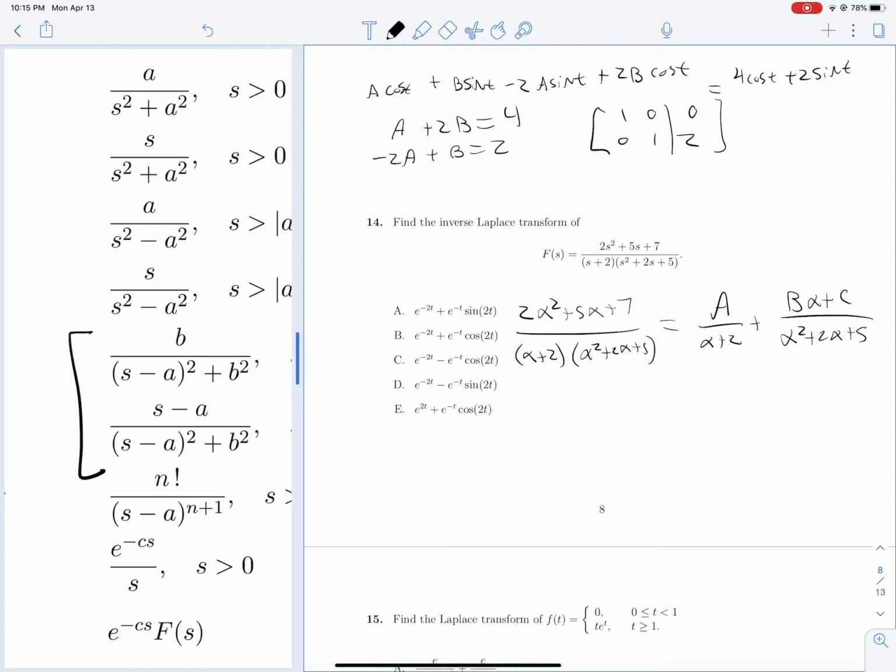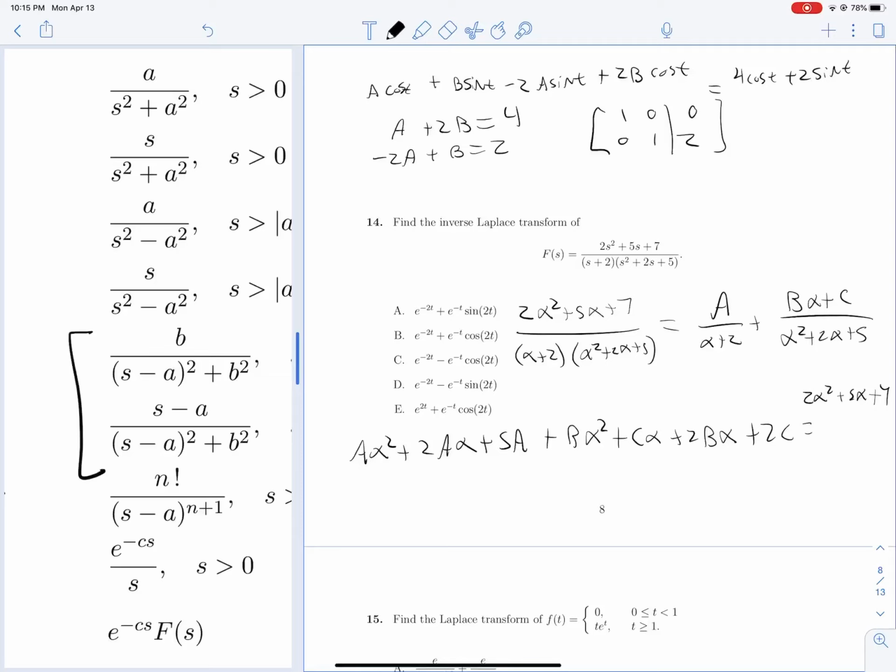Multiplying our denominator up, we see that a alpha squared plus 2a alpha plus 5a plus b alpha squared plus c alpha plus 2b alpha plus 2c is equal to, if I can fit this in here, 2 alpha squared plus 5 alpha plus 7 plus 5.